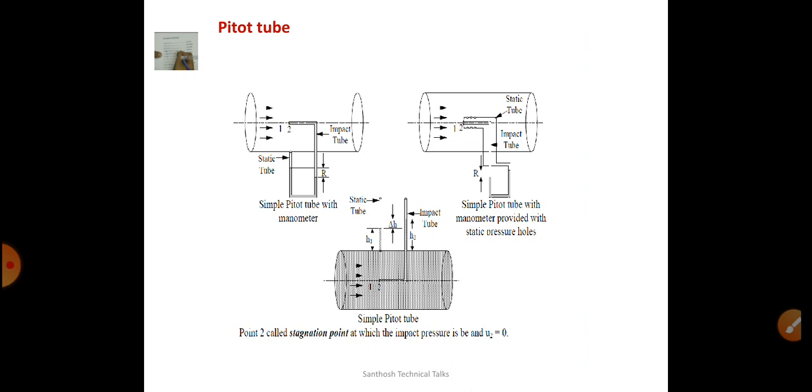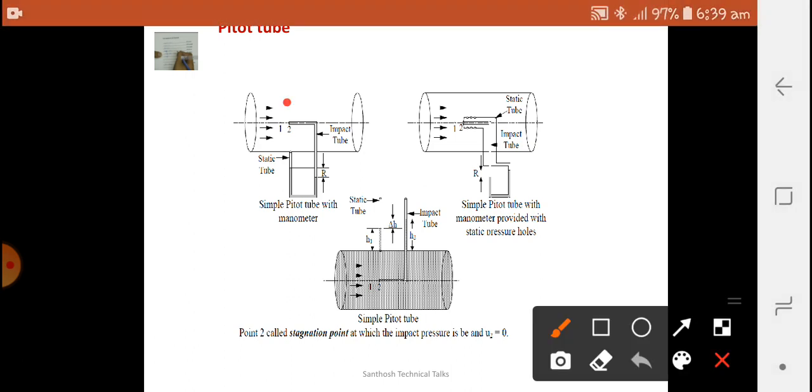Next is a Pitot tube. A Pitot tube is used to measure the velocity of the jet or velocity at a point. Here, the placement of the Pitot tube, that point is called a stagnation point. This is the stagnation point where the flowing fluid is accumulated.